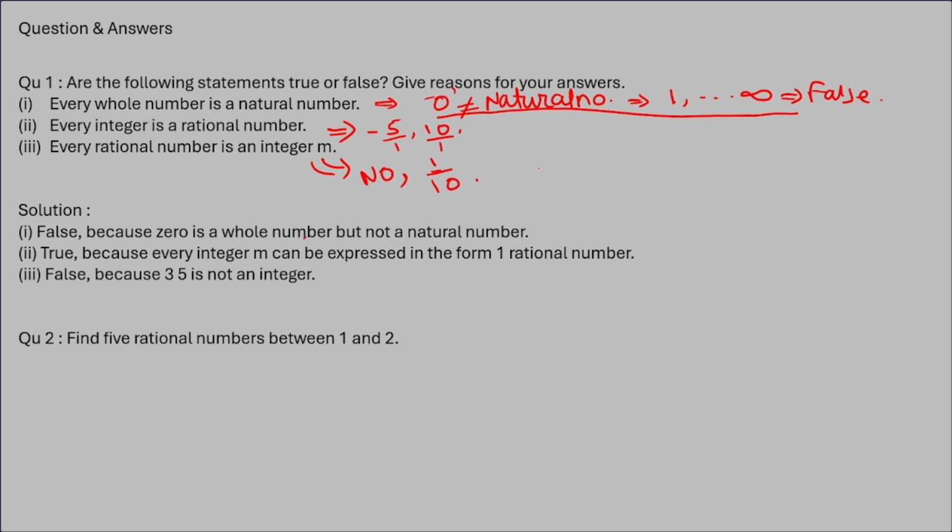No, because integers include only the negative numbers, natural numbers and whole numbers. So it is in p by q form, but it is not available among the integers, right? So this is a rational number, but it is not an integer.